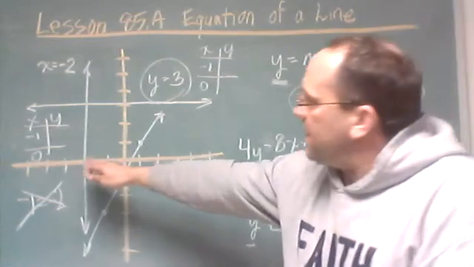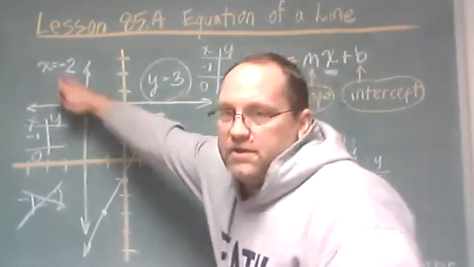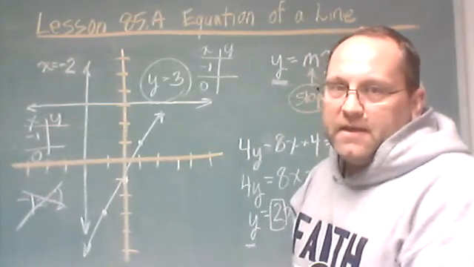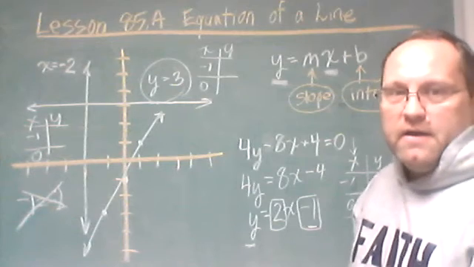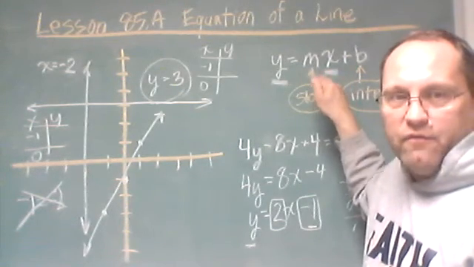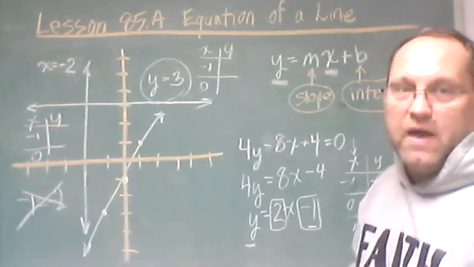That method breaks down for plotting this equation using ordered pairs. It doesn't work. And it's the same thing here. If we try that on this general equation for a line, that will break down too.